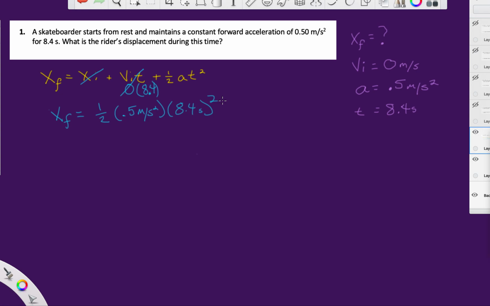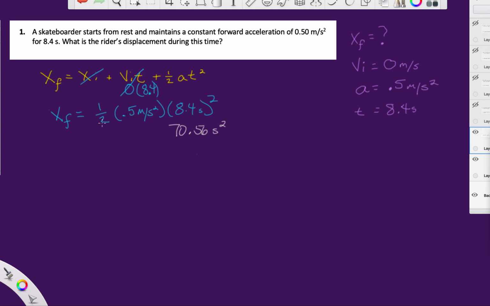8.4 squared is 70.56. So this value right here squared, 8.4 seconds squared, is 70.56 seconds squared. Very important to have seconds squared here. Why?